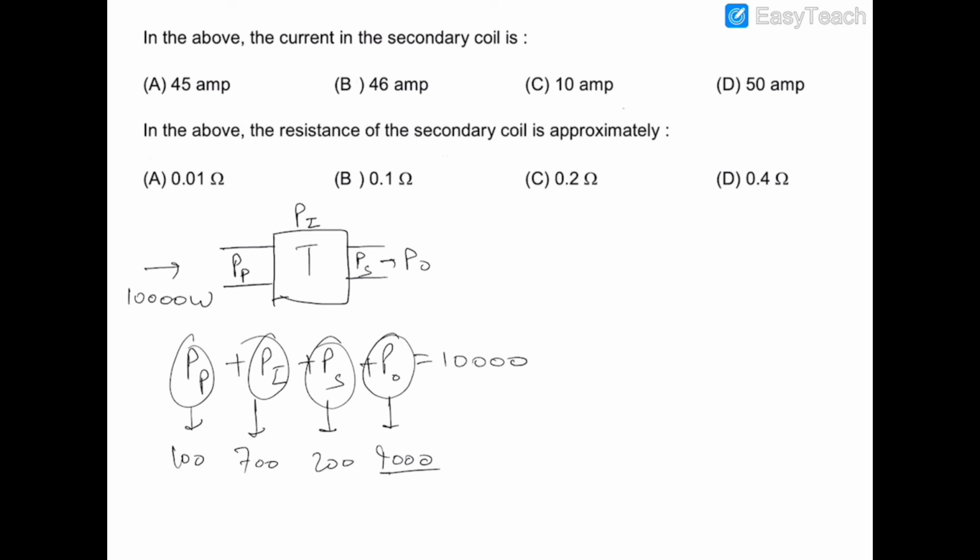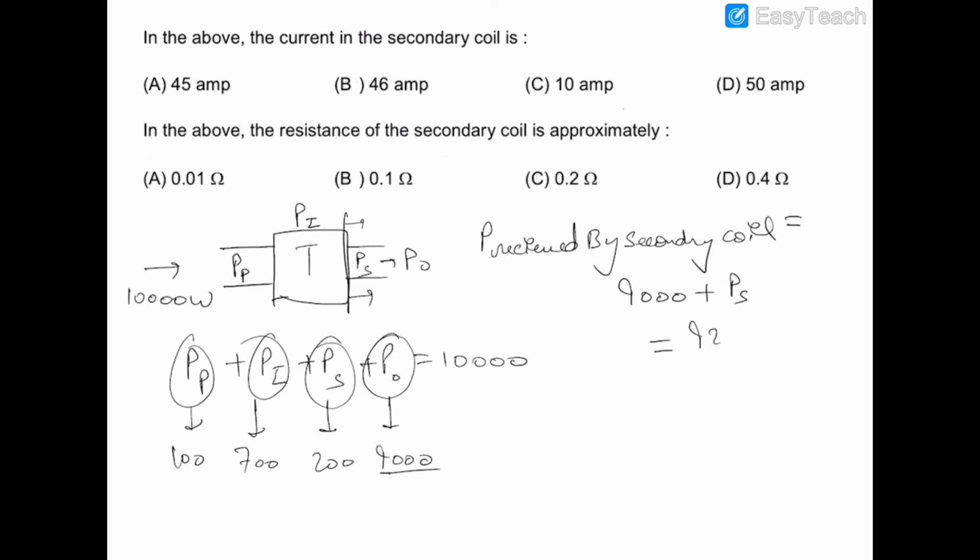So you can see that the power received by the secondary coil is equal to 9000 as well as the loss PS, which is 200.